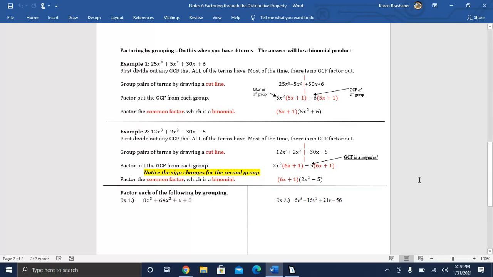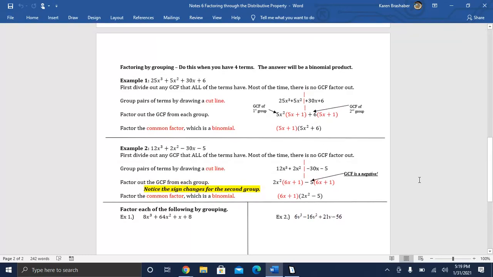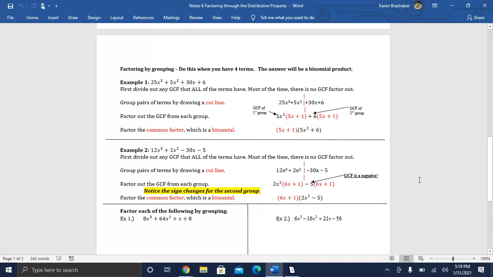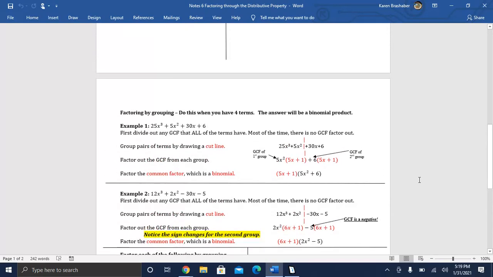So when there are 4 terms, this is something that you should consider doing. It's called factoring by grouping. And when you finish, your answer will give you 2 binomials. In other words, a parentheses with 2 terms times another parentheses with 2 terms.